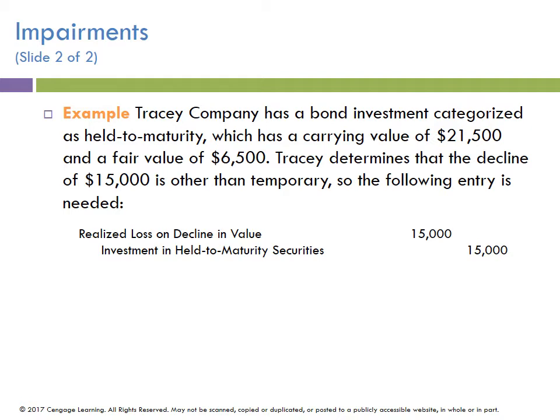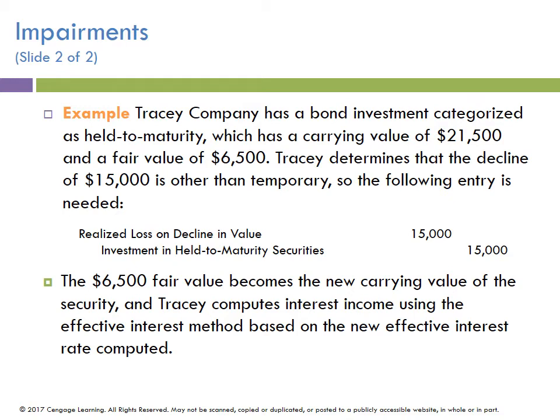Tracy Company has a bond investment categorized as held to maturity, with a current carrying value of $21,500 and a fair value of $6,500. They determined that the decline of $15,000 is not going to be recovered. It's permanent. What do they do? They debit realized loss on decline in value, which will be on the income statement, and credit investment in held to maturity securities, $15,000.